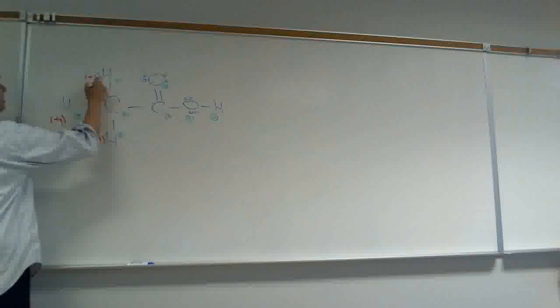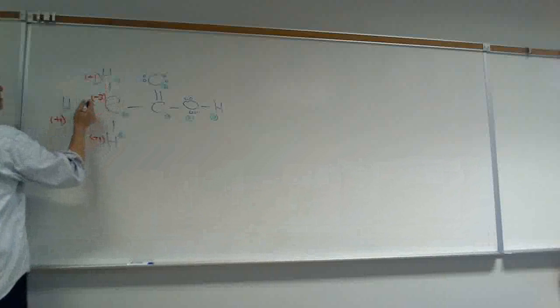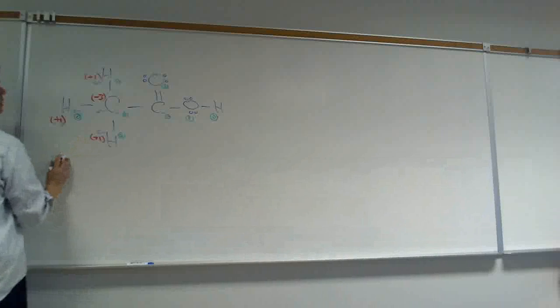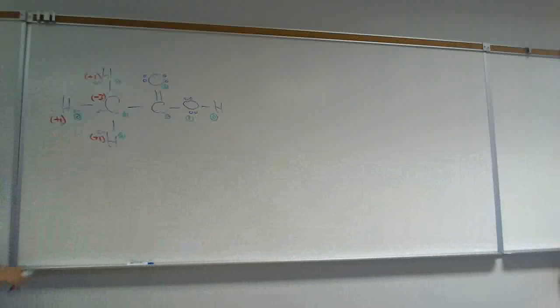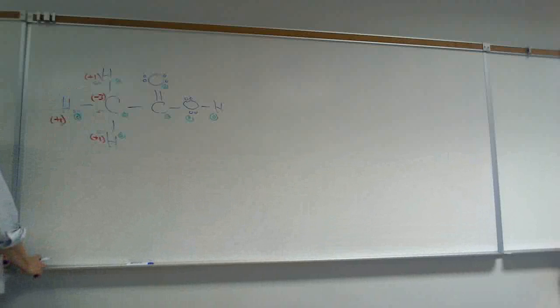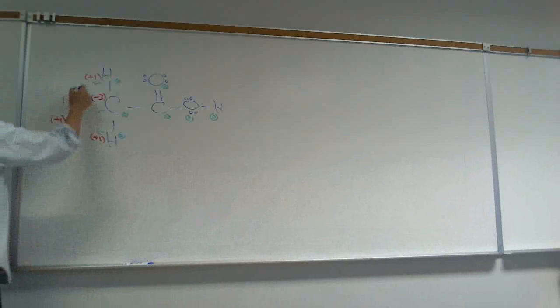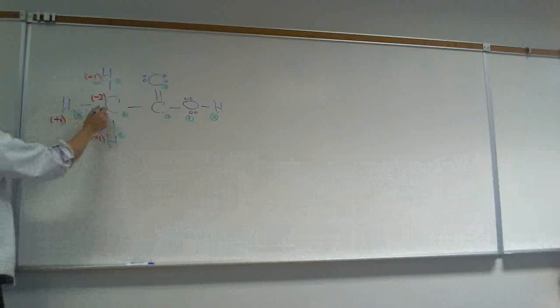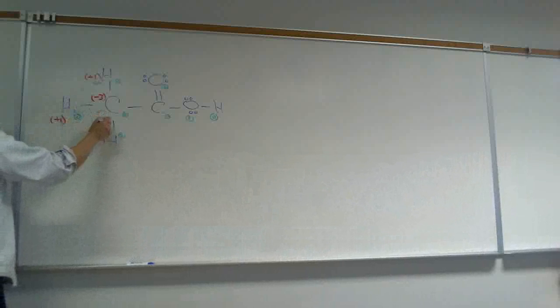So this is delta plus, but it's very small. Delta plus, delta minus on the oxygen. And so somewhere between, right? We can also do the arrows. The arrows would be written like this, but the arrows are very small. And so we say this dipole is negligible.